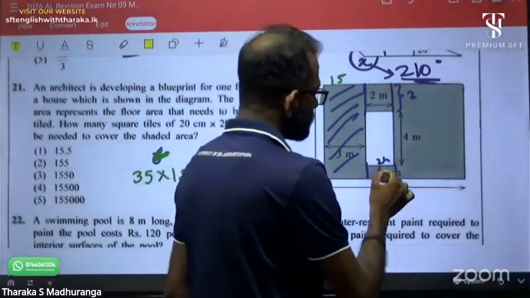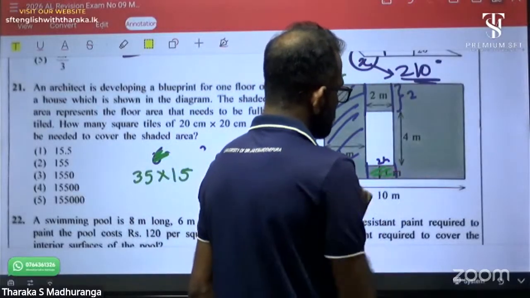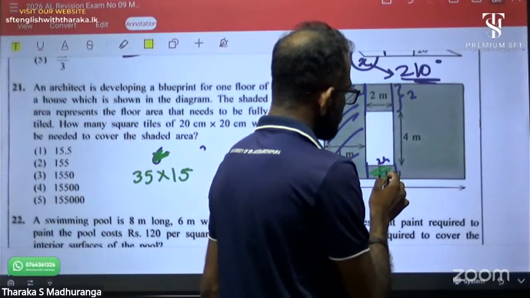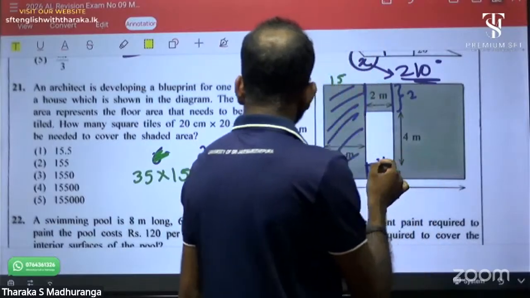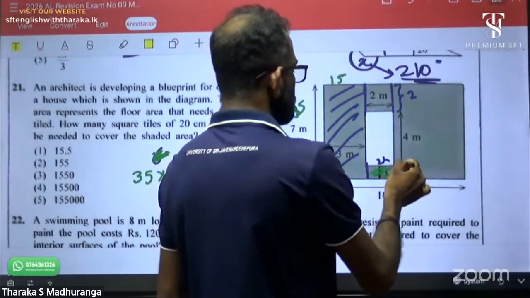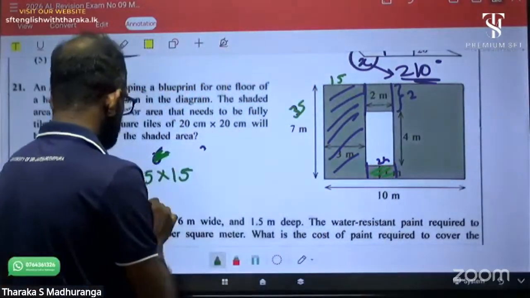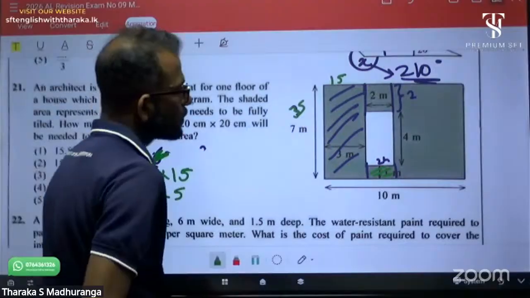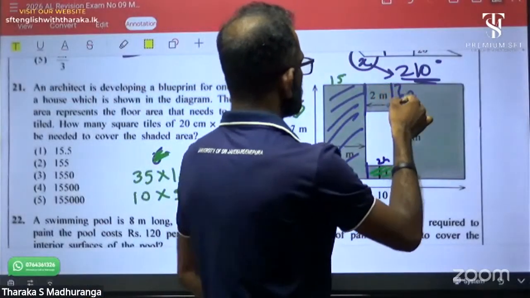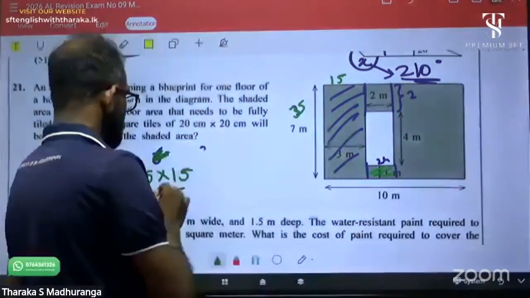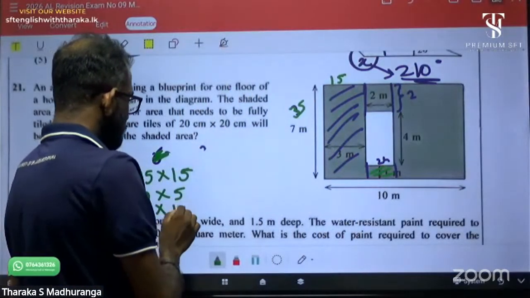For this part, this small rectangle, 5 into 10. It is 2 into 2, then 10 into 10.